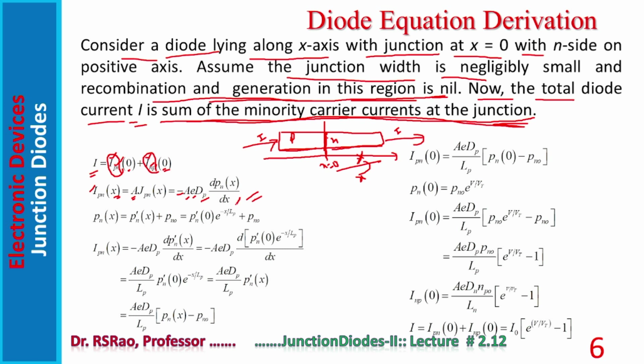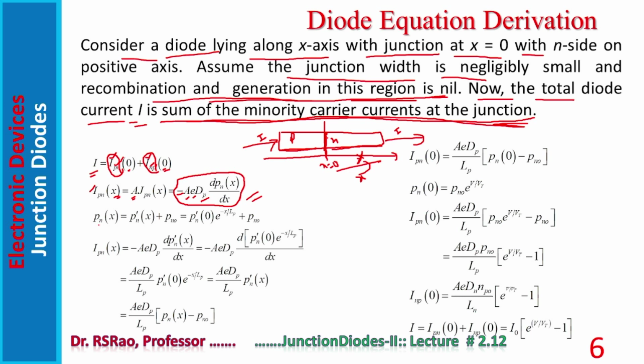One can identify this relation as the one that gives diffusion current. It is related to diffusion current because minority carrier current is mainly due to diffusion, right?